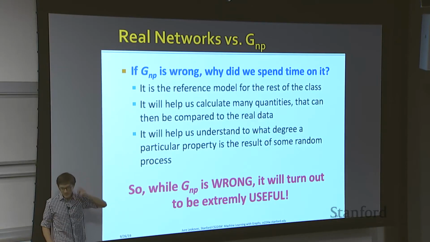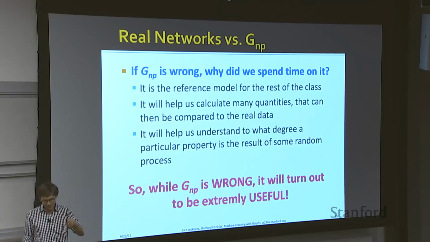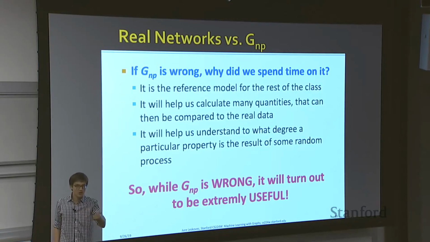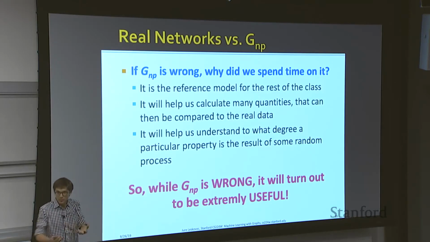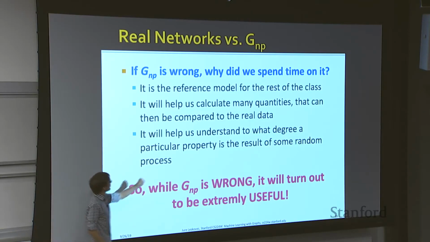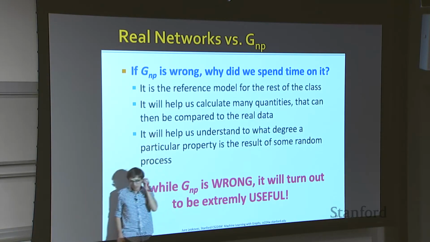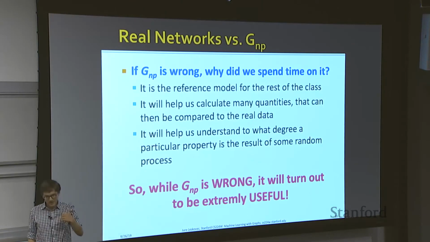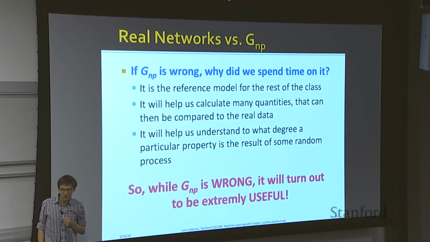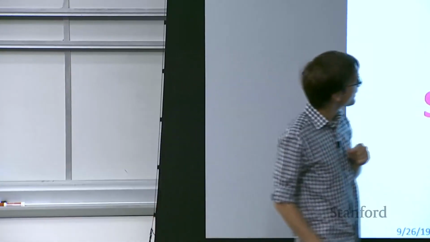But even though this GNP model is wrong, why did we spend so much time on it? The reason is because this is the simplest model, and it's a reference model to judge any network against, to say, should we be surprised about something or not? It also showed how we can calculate in a mathematically rigorous way many different quantities, and how we can then compare them to real data.